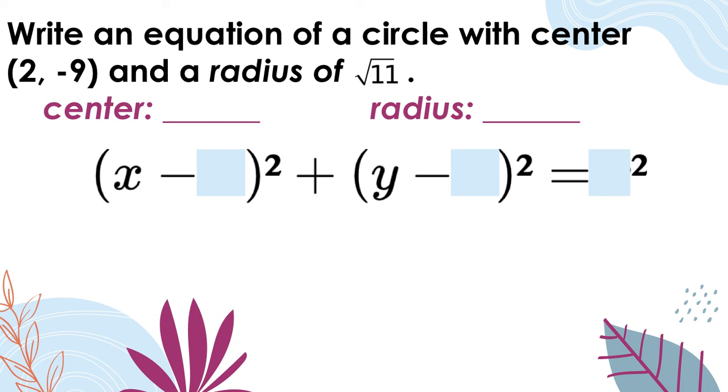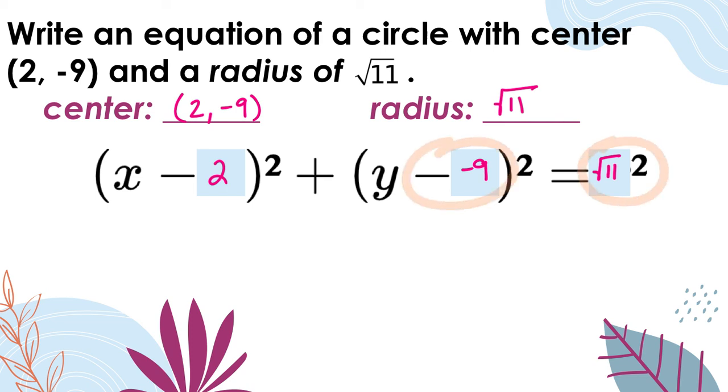Let's do the same thing. My center here is (2, -9). My radius is the square root of 11. I'm going to plug all of these in once again, and I'm going to need to simplify the negative negative.